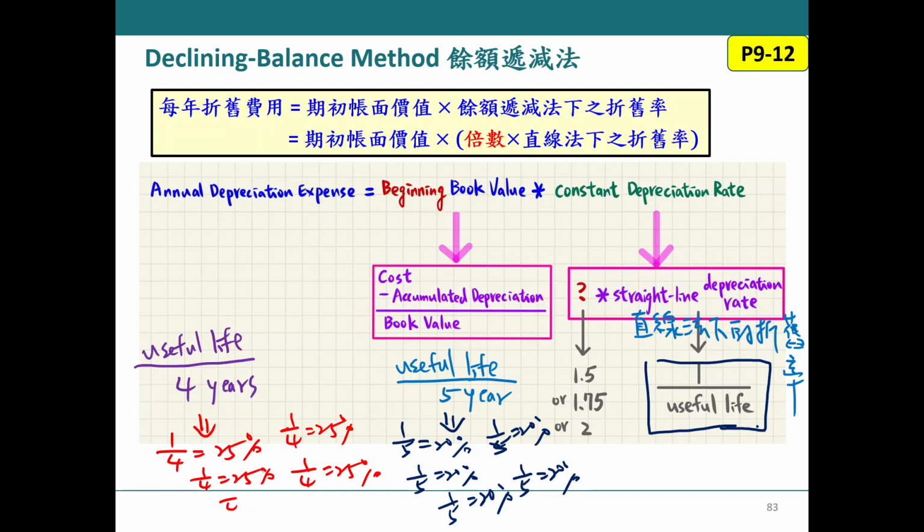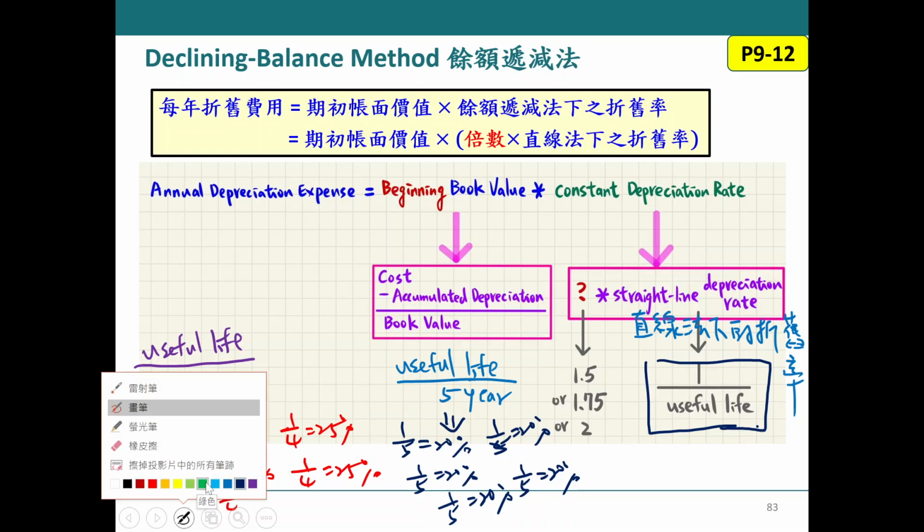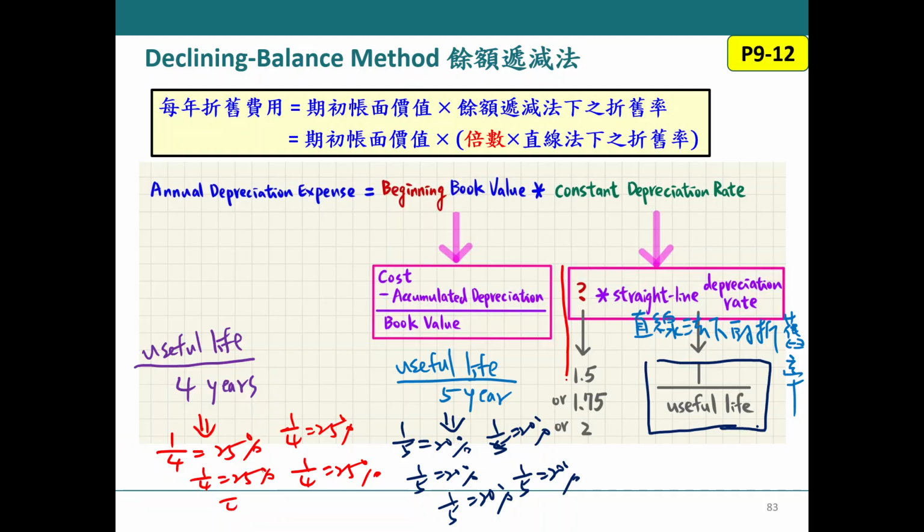Your value decreases 40%, okay? So based on the straight line depreciation rate, we will times some numbers to make your value decrease faster. Okay, so maybe 1.5, 1.75, 2, depending on your company situation.